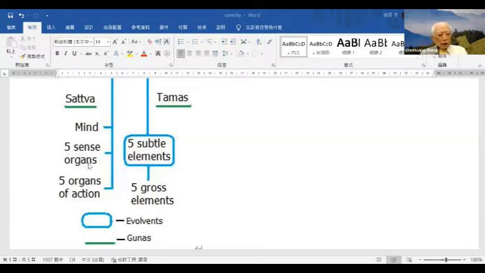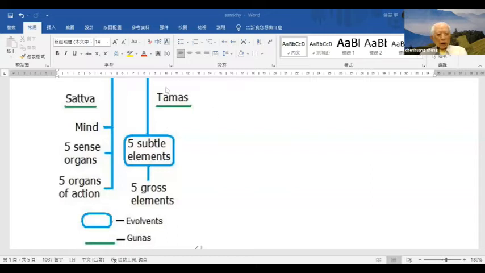Five organs of action means that we can speak, we can use our hand to take something, we can use our feet to walk, and we can use our organs for urination and excretion. They are the five organs of action. This is from the direction of mind.